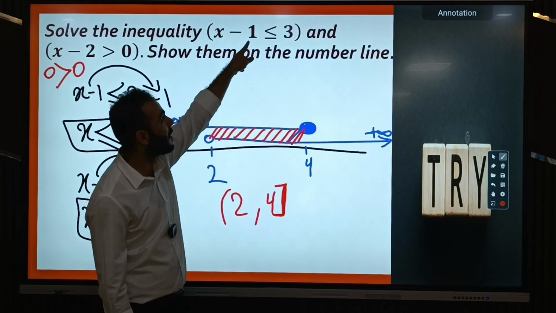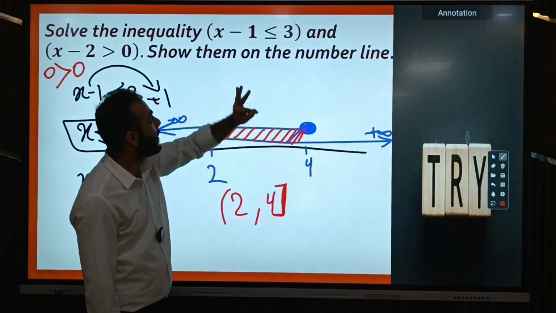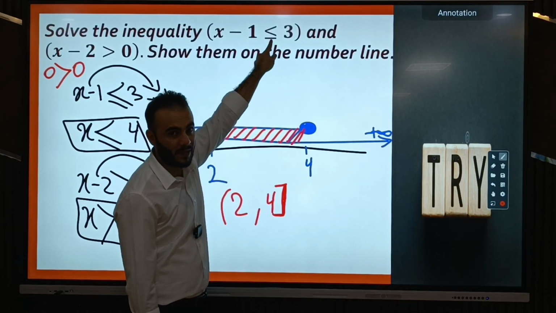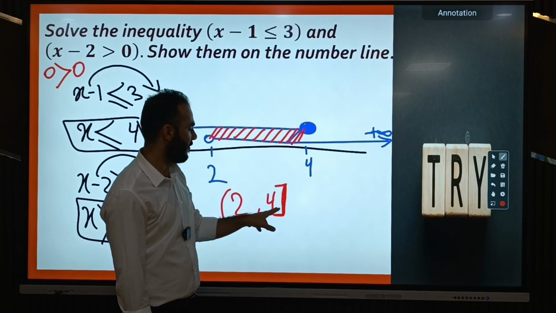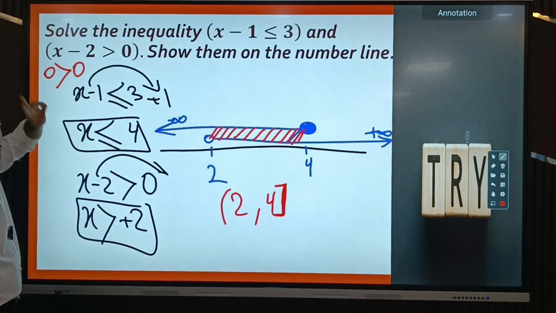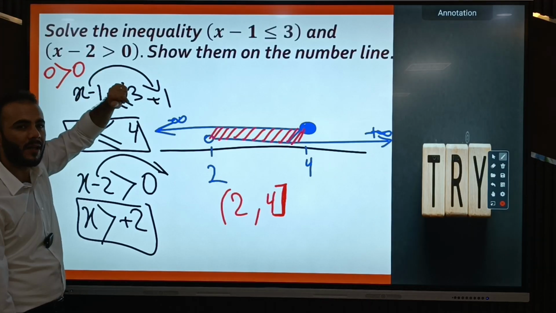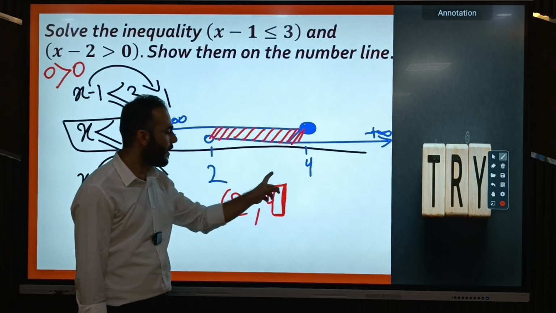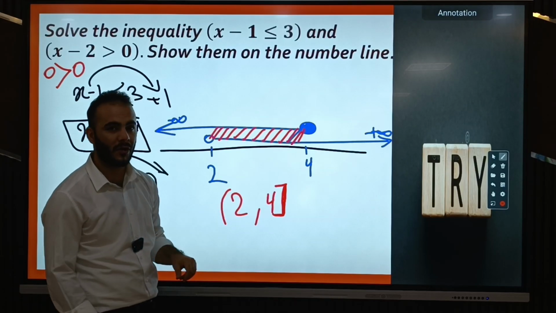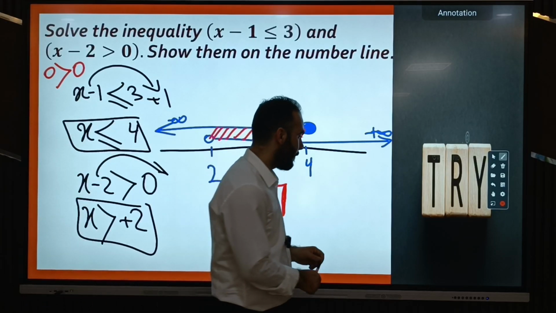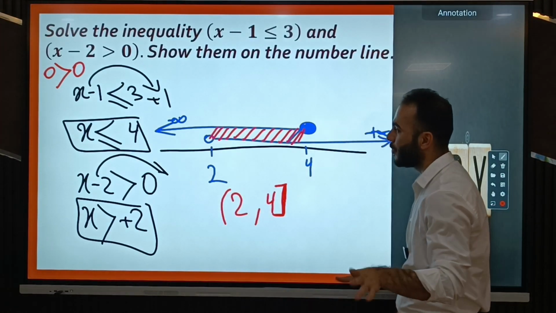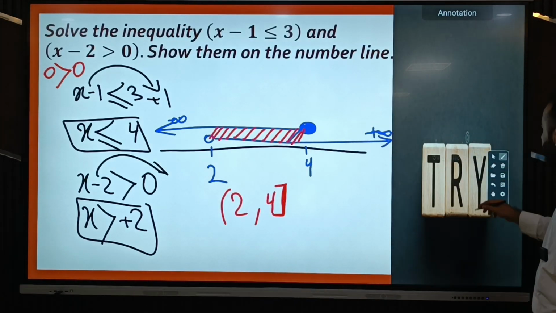So 4 minus 1, 3. 3 is equal to 3. There is equal, so it's still correct. Therefore, 4 is correct for that one. How about here? 4 minus 2, 2. And 2 is definitely greater than 0. Therefore, 4 is included in the solution. And I hope that this is clear to you, guys. Remember, that was 2. My bad, I wrote just 1. So I want you to just check it again.